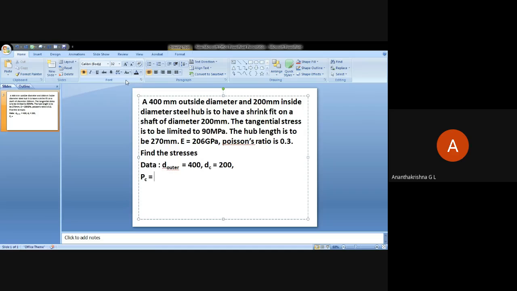Please give me this value of PC, contact pressure.